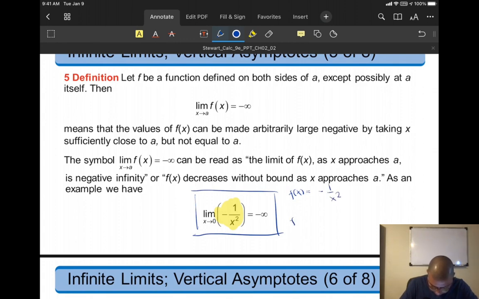If I do f of 0.1, that's minus 1 over 0.1 squared, which is minus 1 over 0.01, and in the calculator that's -100. But if you choose something very, very close to 0, I think my math is off here by a couple of decimal places. Let me actually use the calculator.